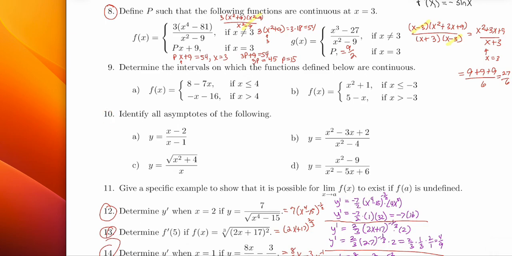Number 10 says to identify all the asymptotes of the following. So let me give you some rules that you can follow for asymptotes. A vertical asymptote is where the denominator equals 0, unless it's a hole, which occurs when you have a factor in top and bottom that equals 0.